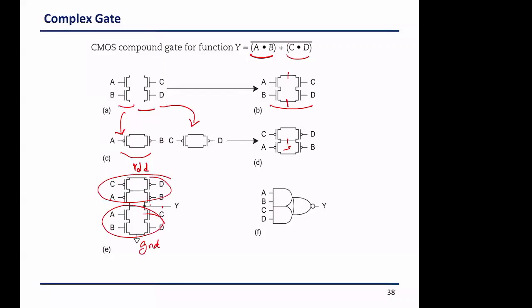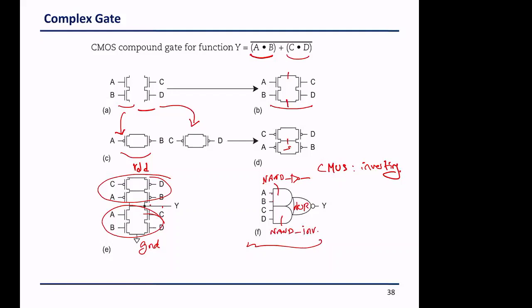Okay, now they're telling me here that I could have implemented the same function as A and B or nor C and D, right? So if you have noticed, the CMOS gates are typically all inverting, right? So to implement an AND, I really need here an AND followed by an inverter, right? And the same here, to implement the AND, I need an AND followed by an inverter.